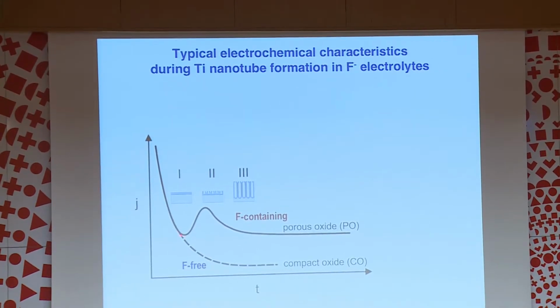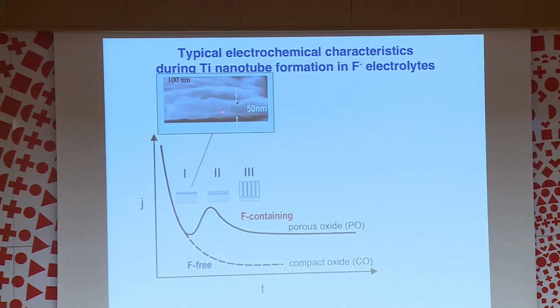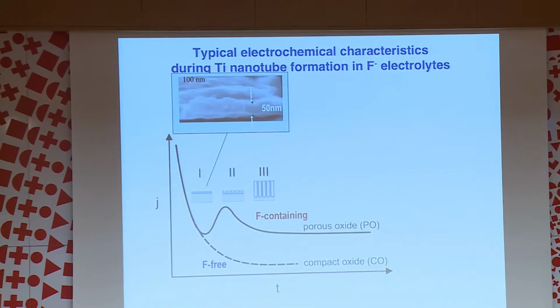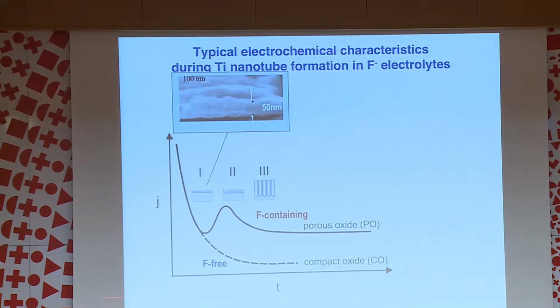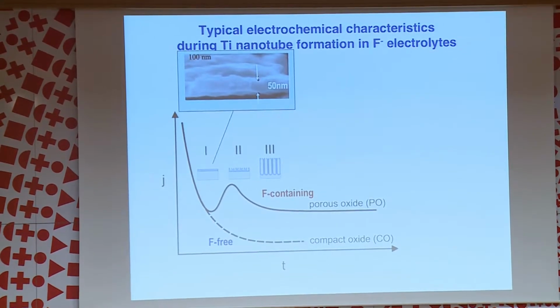And if you take the sample out at this moment from the electrolyte and look at it, you see that also in this case, in the early stage, a compact oxide layer has formed. And this compact oxide layer is about as thick as the compact oxide layer that you have formed at this moment in a fluoride-free electrolyte.